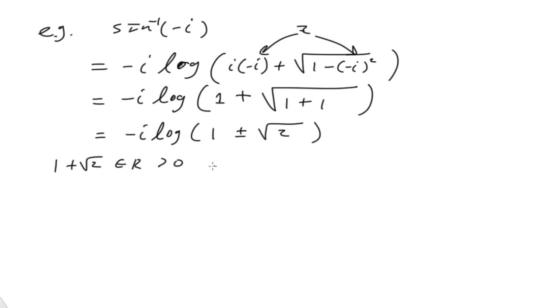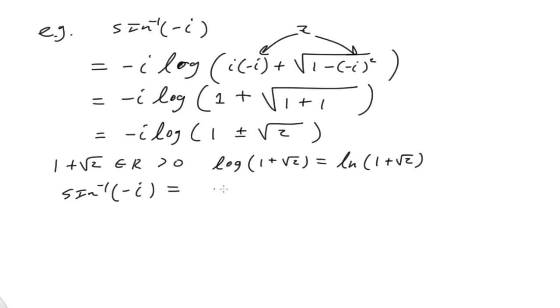In which case, log of 1 plus square root of 2 just reduces to the natural log of 1 plus square root of 2. Okay, so that's good, one value. So that means that sine inverse of negative i is equal to negative i times natural log of 1 plus root 2.